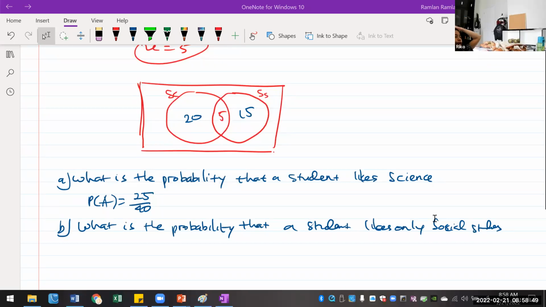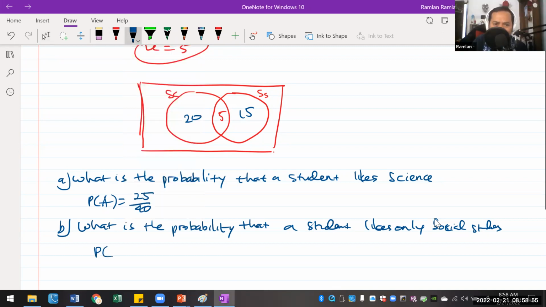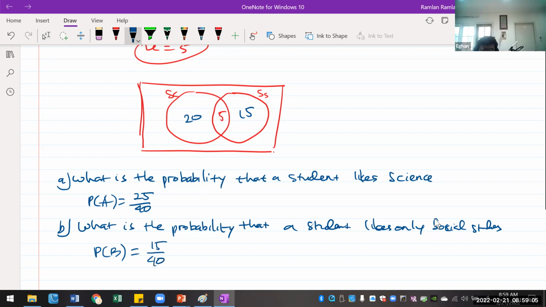Okay, so the chance is 1 out of 40. Where do you get the 1? I can answer it perhaps. Oh yeah, okay, I got it. 15 over 40.